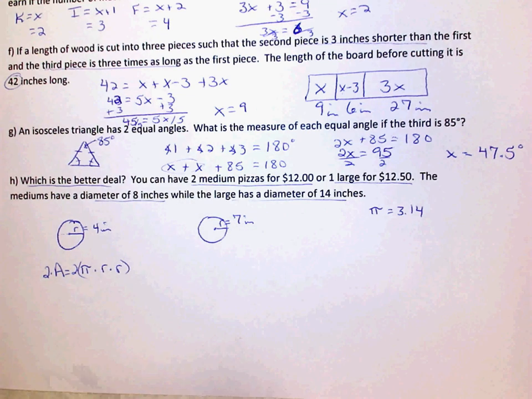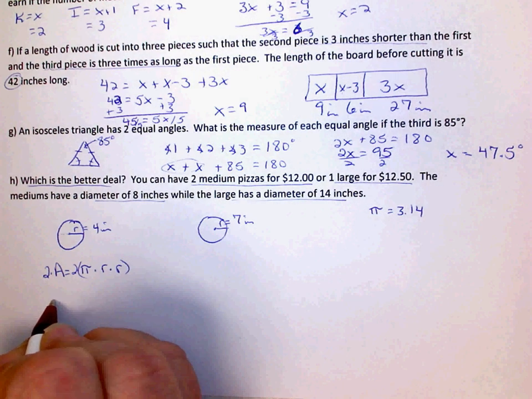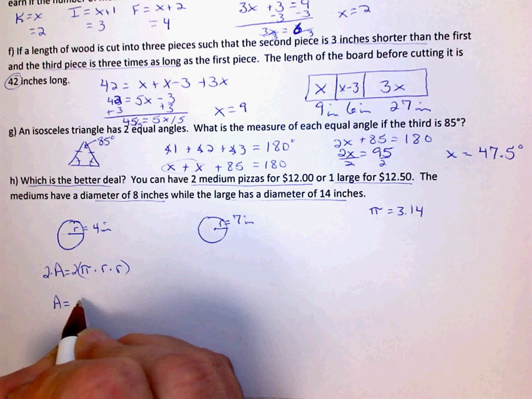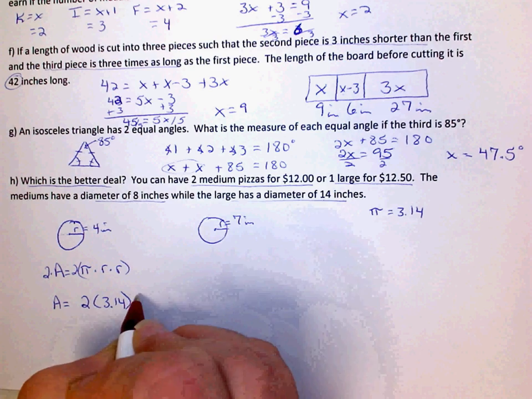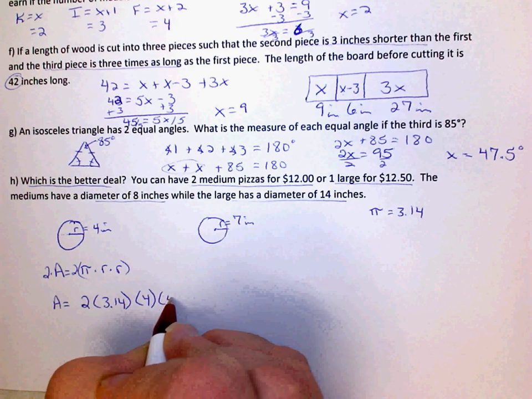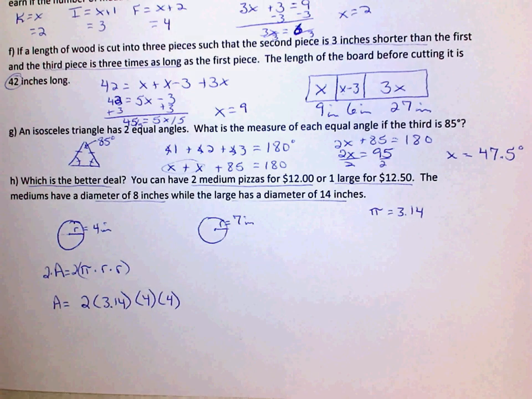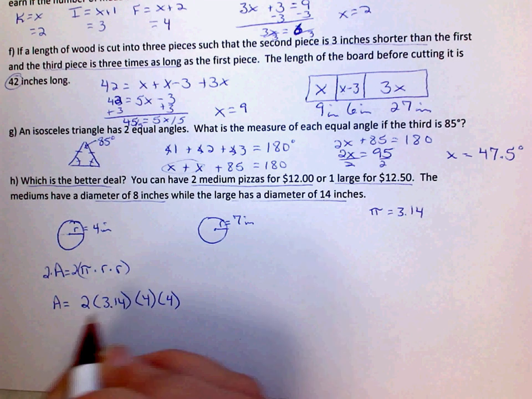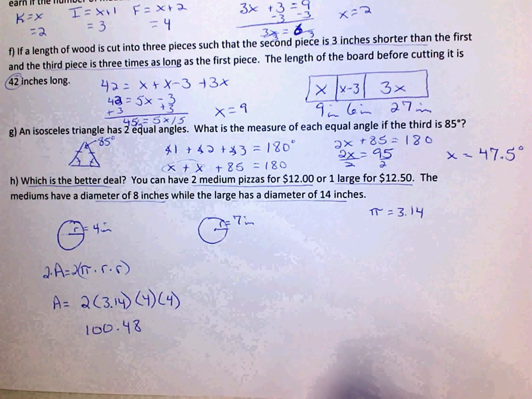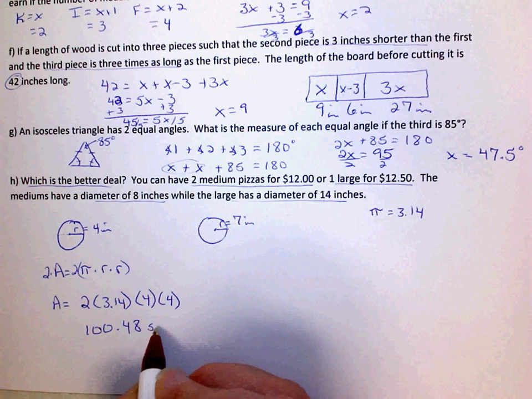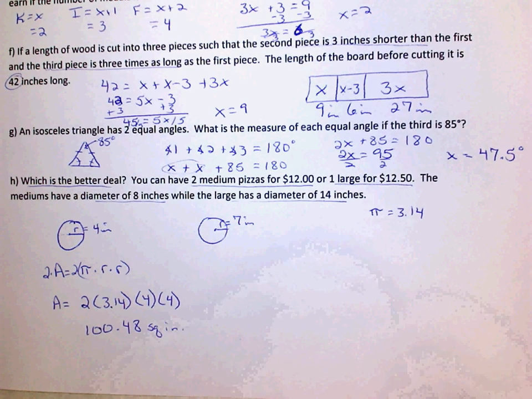So my area for 2 of these is 2 times 3.14 times 4 times 4, and we have 100.48 square inches.